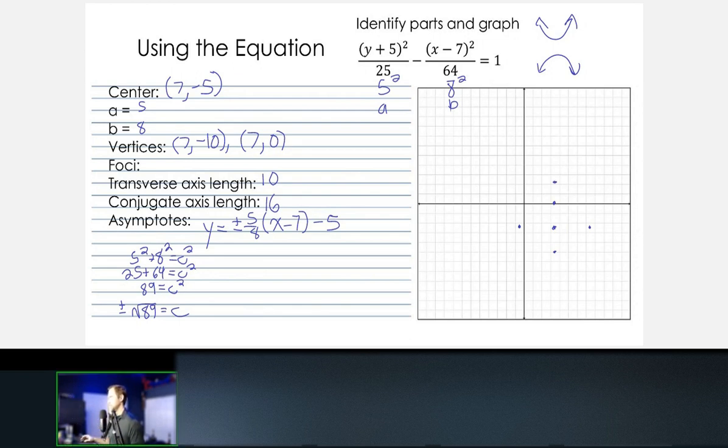And then 9.4 going down from the center. 2, 4, 6, 8, 9. All right. Is that good enough? Okay. All right. So on the graph, it's good enough for being a sketch.